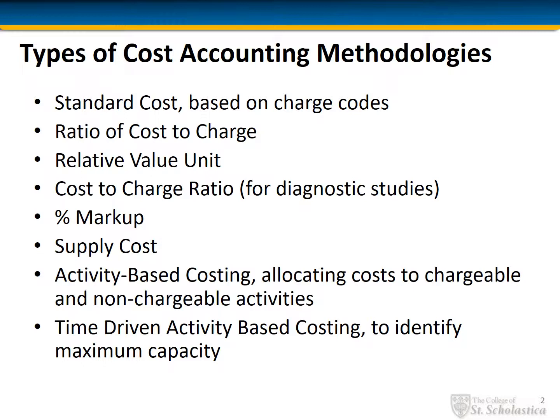While we are not going to go into depth on these, for which you would really need a course on cost accounting in healthcare, the key point is that with this much variation in methodologies, conducting comparisons across provider settings and with health plans is made very difficult.